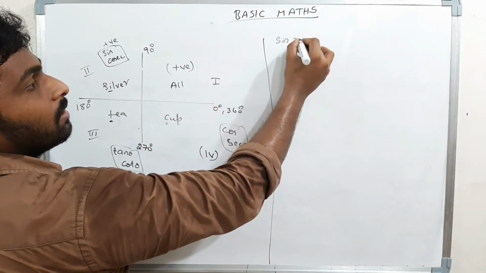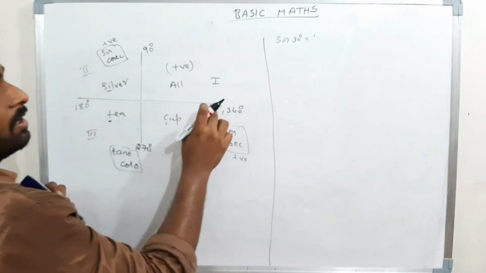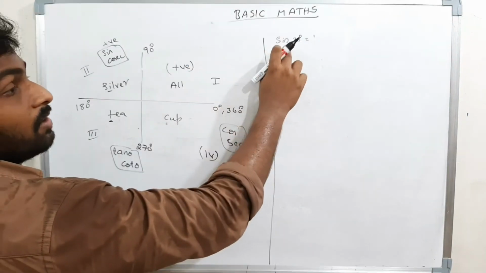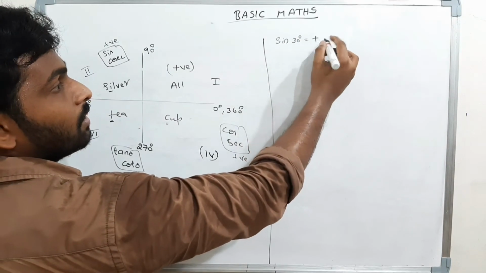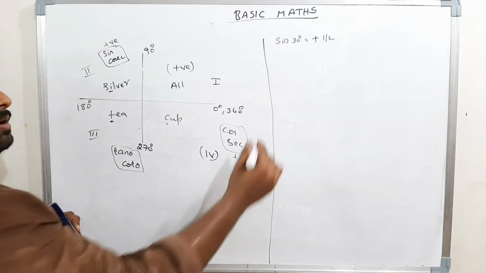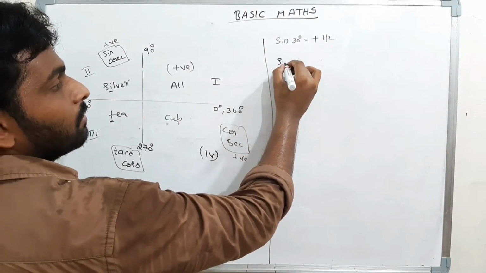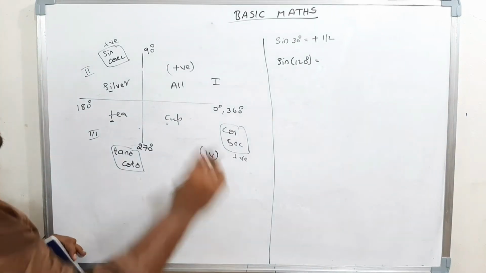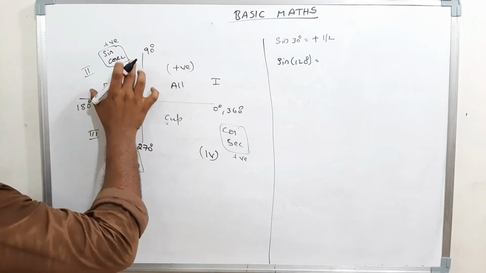Sine 30 degrees. 30 degrees lies in the first quadrant, between 0 to 90. Therefore, the sine value must be positive: 1 by 2. Okay. Now, sine 120 degrees. 120 lies between 90 to 180. That is the second quadrant.